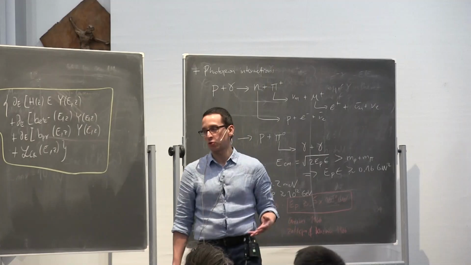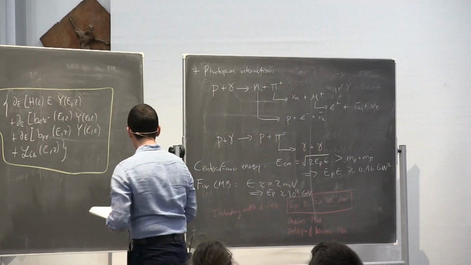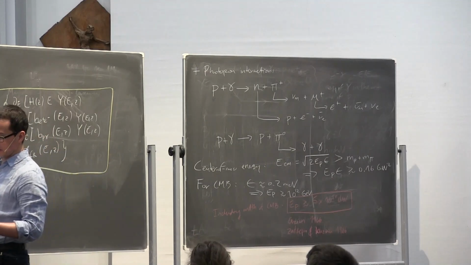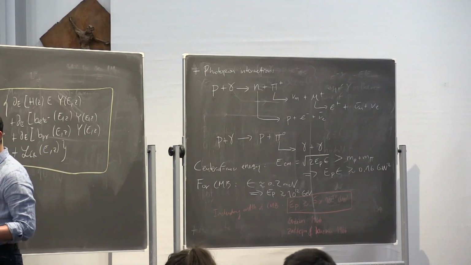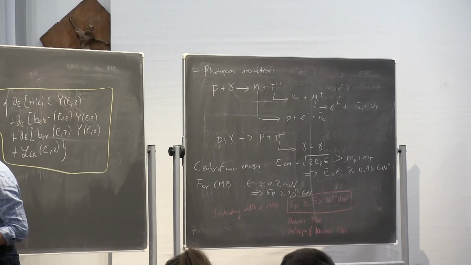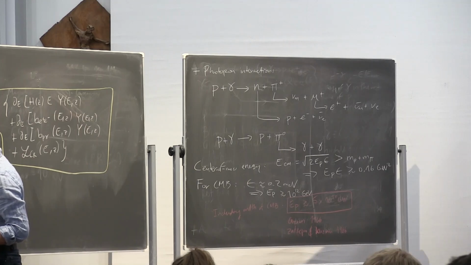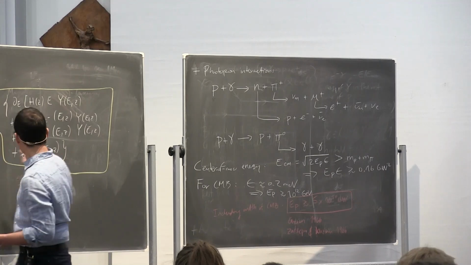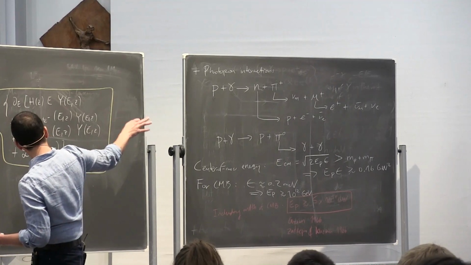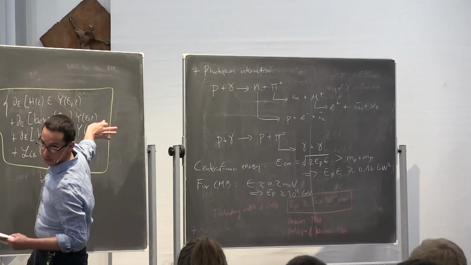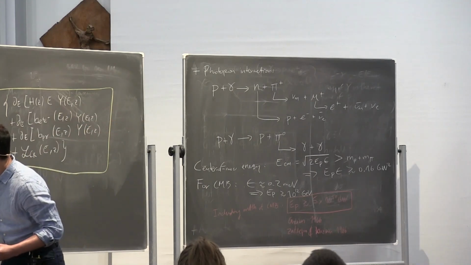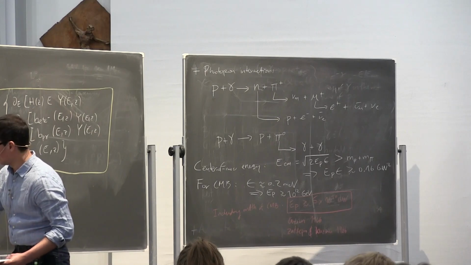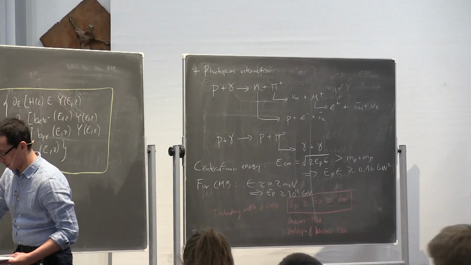So how long do they need to travel in order for that to happen? That's something we can very quickly estimate by computing the mean free path. The mean free path of a proton traveling and potentially interacting via that process is, let me not make the calculation, I'm just going to lay it out here.